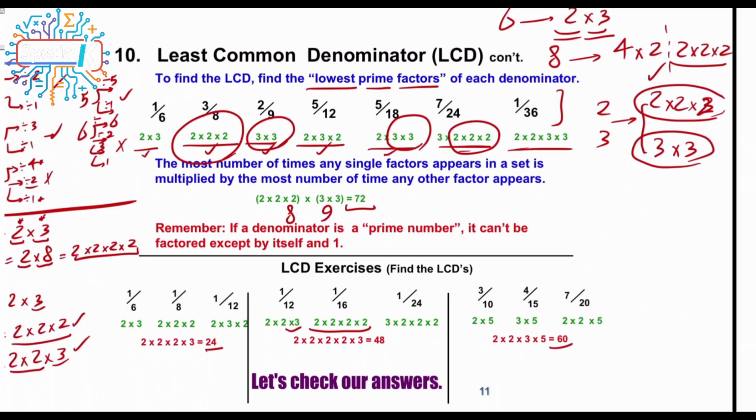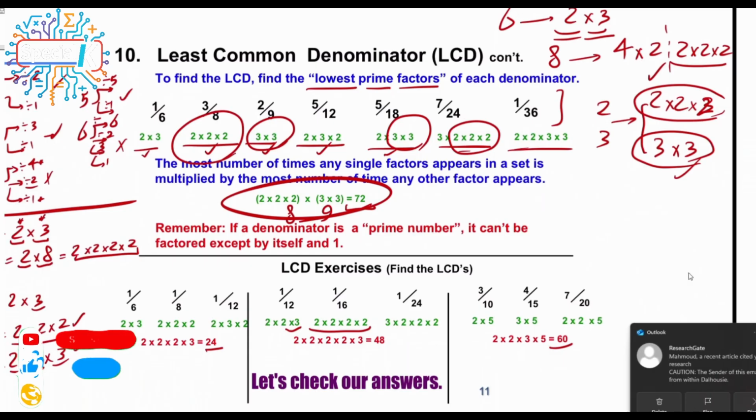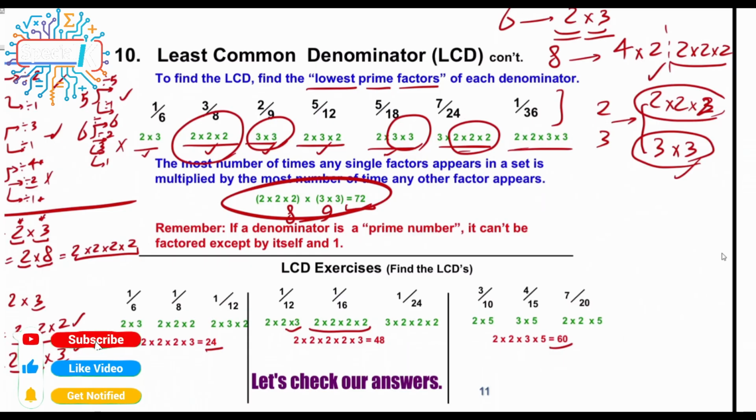Because again, each of those prime factors matters. What about 3? We had it only 2 times. 3 by 3. Keep it. After that, multiply those 2 together. If you do the multiplication, you get a number. At this point, it's 72. If you divide 72 by 2, by 6, 8, 9, 12, 18, 24, and 36, you don't have any remainder.